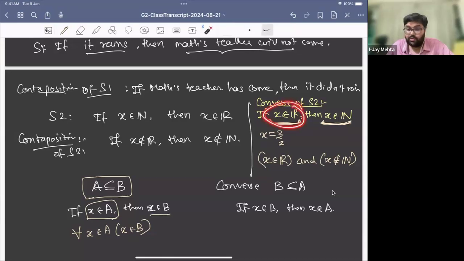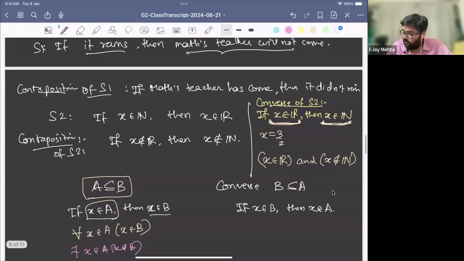So if this is not true, then what did you give? You gave the negation, right? What is the negation? So negation is, we wrote like this: there exists X in A which is not in B. So this is negation, actually. X is in R and X is not in N. So this is called the negation of S2.